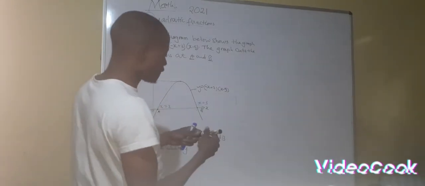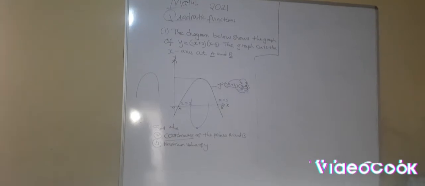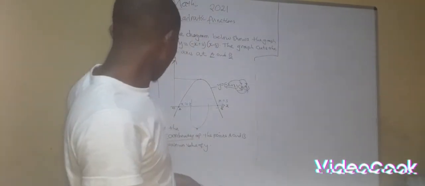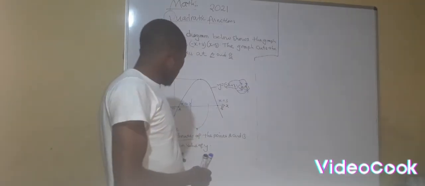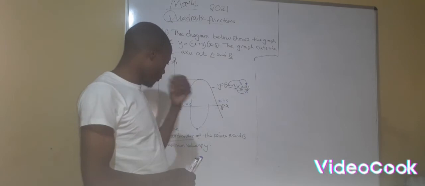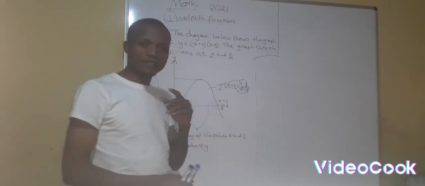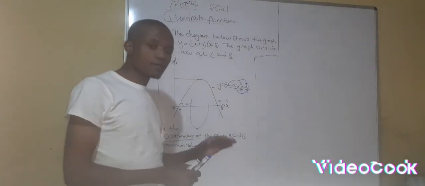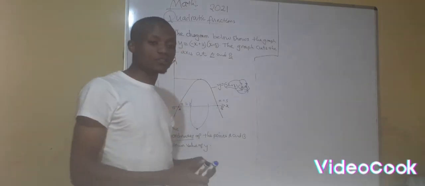So now, the formula. For question B, they want us to find the maximum value of y. What formula do we use? The maximum value of y is the same as the y coordinate of the turning point.